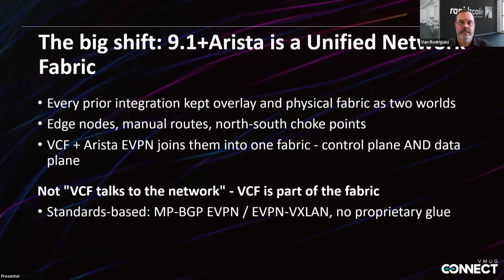From our perspective, that's an exciting shift. Rather than relying on centralized networking constructs, which can create north-south traffic choke points, the fabric becomes more distributed and integrated throughout the environment. The result appears to be a more scalable architecture while still maintaining operational simplicity.